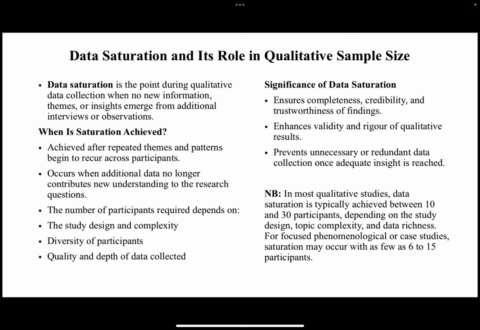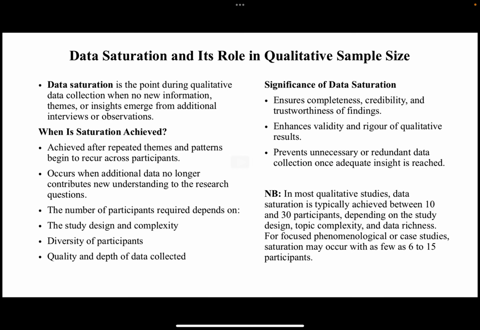So in a qualitative study, as you are doing the interviews, when you realize that the answers that are coming are repetitive, you already have that information. At that point, you have to consider ending the study or ending the interviews. Data saturation is the point when no new information, themes, or insights emerge from additional interviews or observations.